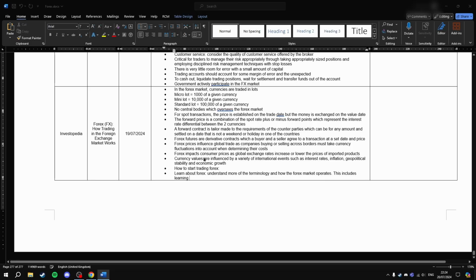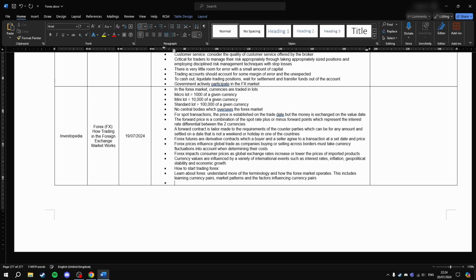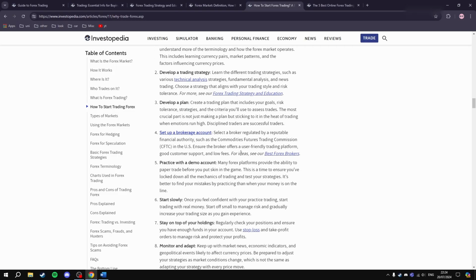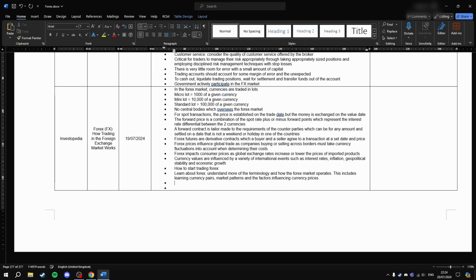Currency prices, not currency pairs, currency prices.